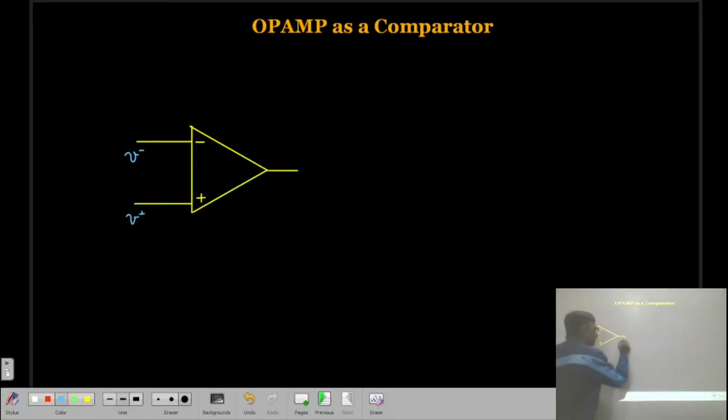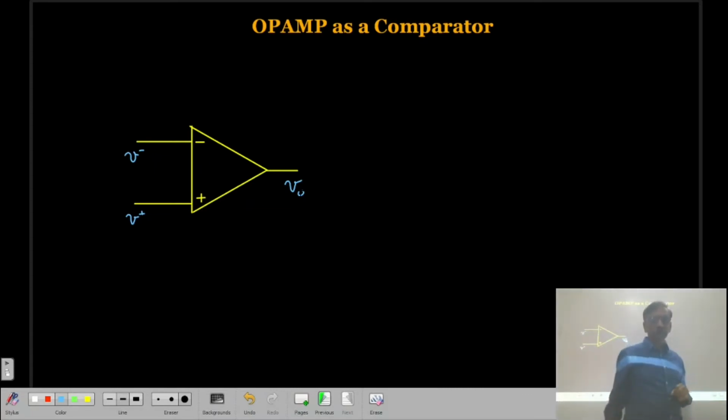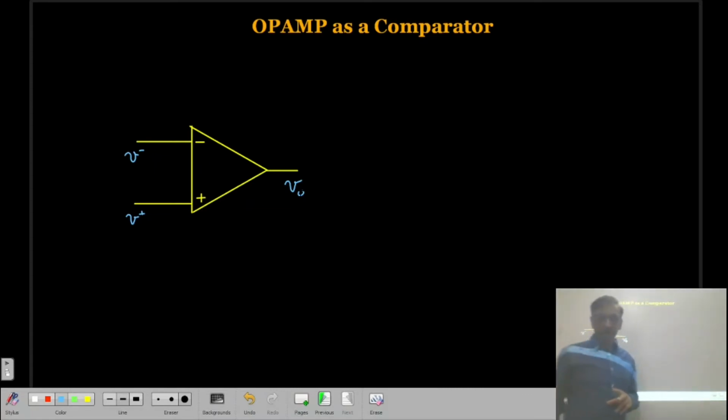Now this output voltage is proportional to the difference of these two voltages. Remember, basically the operational amplifier is a differential amplifier. It is amplifying the difference between these two voltages, V plus and V minus.